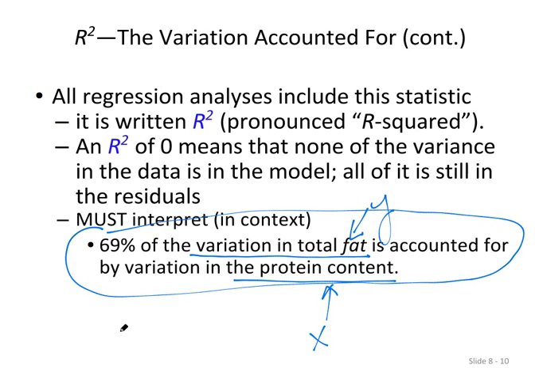And if you just write in your notes pretty much a general statement, blank percent of the variation in Y is accounted for by the variation in X, and then you fill in what the blanks are, you will be on the right track for being able to describe R squared. Okay, so blank percent, whatever, you would copy this, variation in whatever the Y is accounted for by variation in the X.